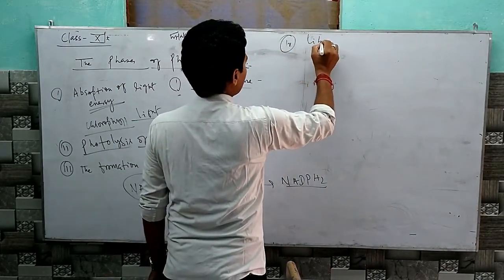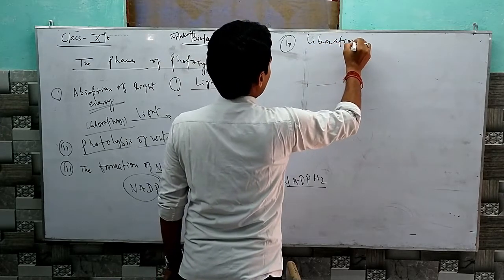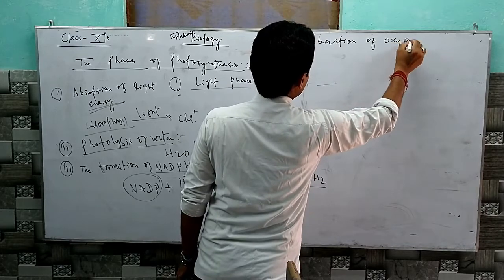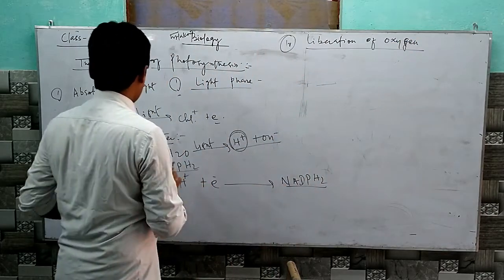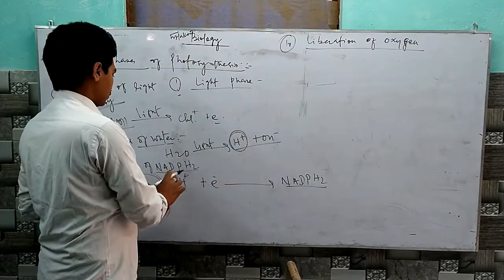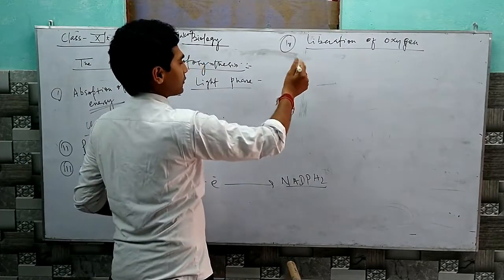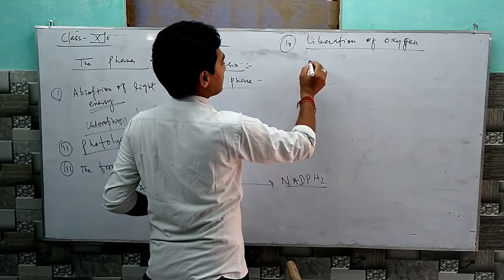In the fourth step comes the liberation of oxygen. After photolysis, hydrogen is used up to form NADPH2, and liberation of oxygen occurs.